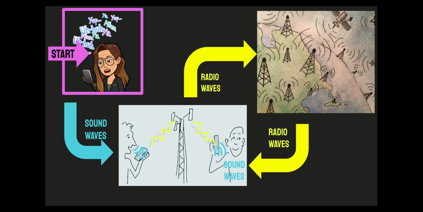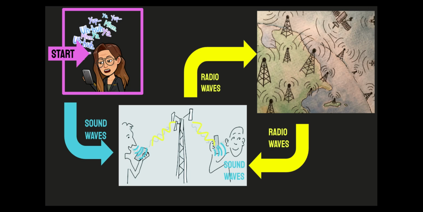Those radio waves have the ability to travel to the nearest cell tower, and they continue to bounce from cell tower to cell tower, depending on how far the person you want to call is. And once they get all the way to that person's cell phone, that person's cell phone then translates that radio wave back into sound waves so the person can hear exactly what you said.